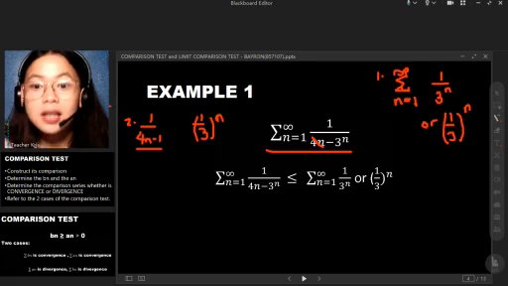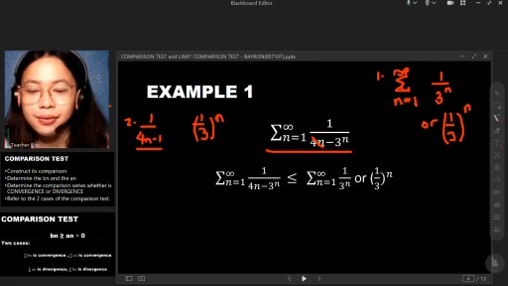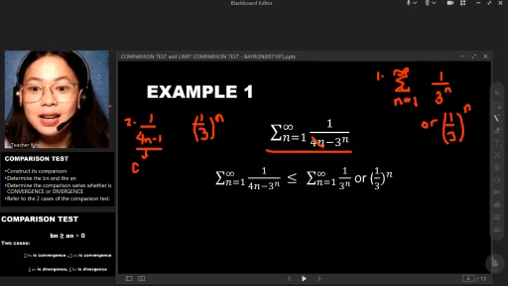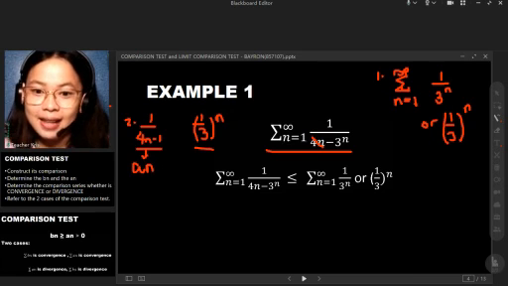So we can classify that this is the small sequence and this is the big sequence.